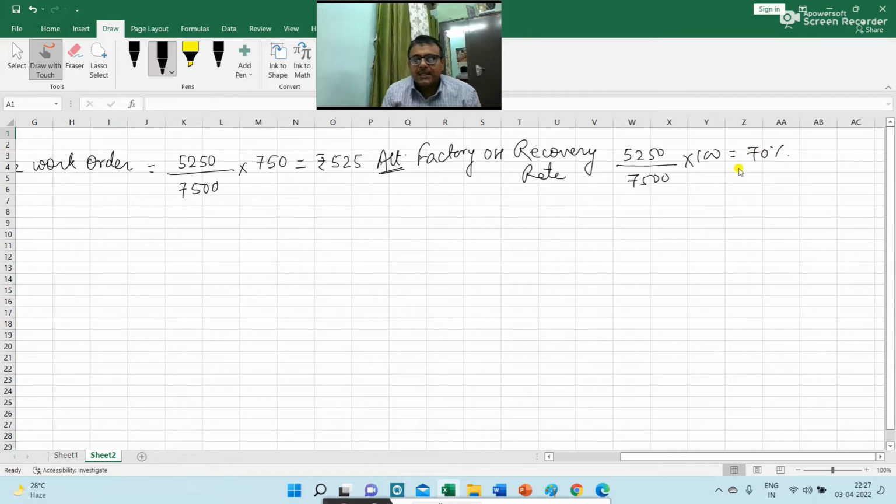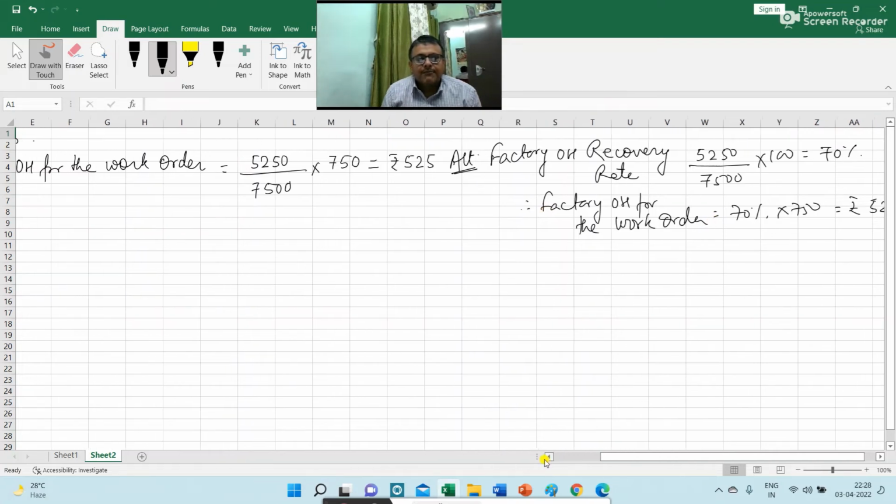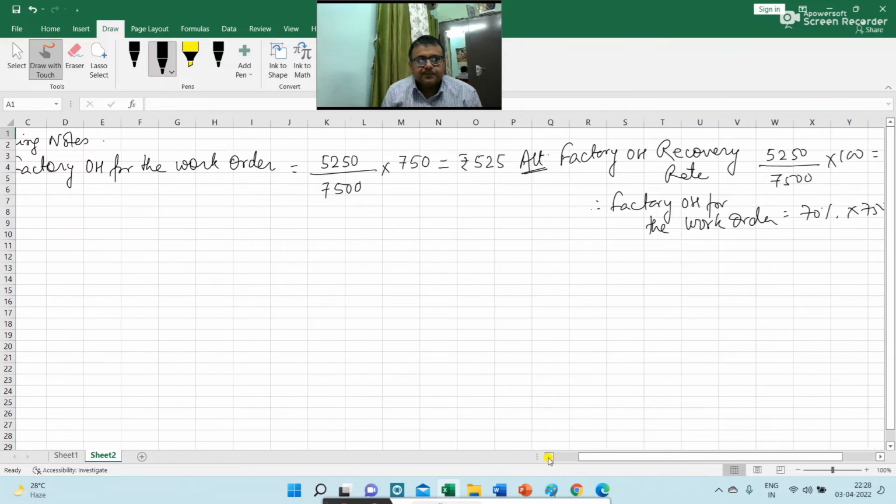Now you have to apply this factory overhead rate on the wages. So therefore the factory overhead for the work order will be 70% into 750, that will give you 525. So either of these two processes you can show to calculate the factory overhead for the work order.